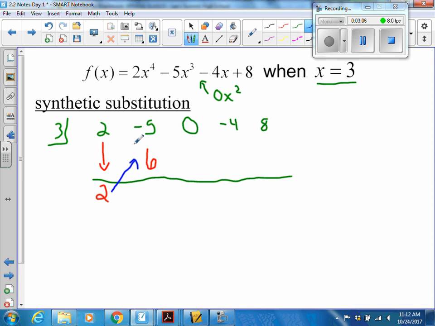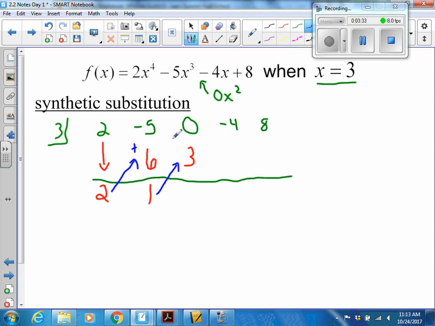Now we're always going to add our numbers. So we do negative 5 plus 6 to get our next number, which should be just 1. So we should get 1 here. Once again, we multiply our 3 by this number 1, and we get 3 again. So we place it in the next empty spot, which is right here.